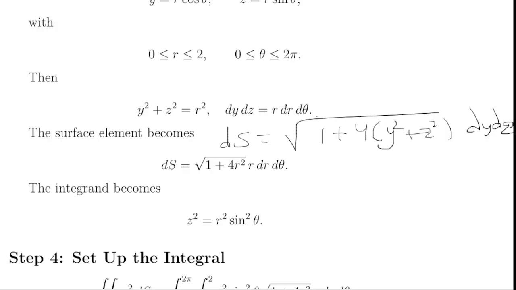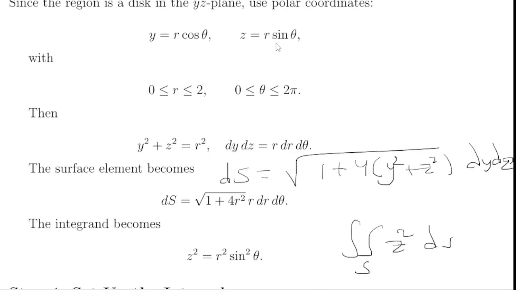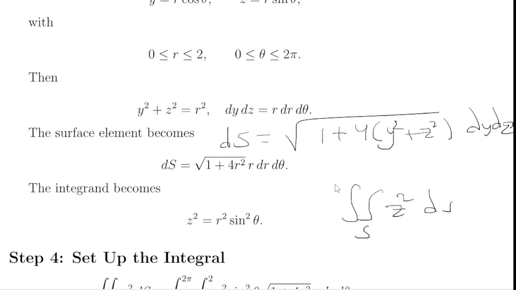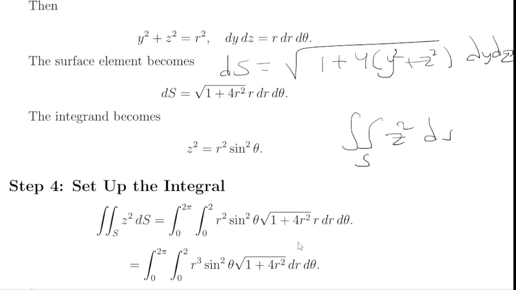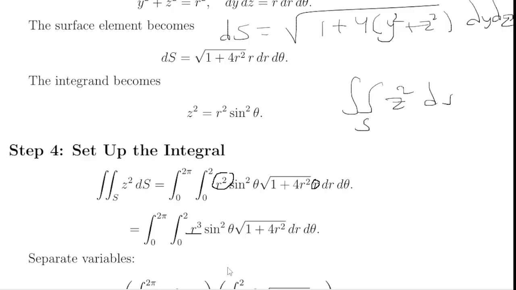Inside the integral, we had z squared ds. But recall that if z is r sine theta, z squared is r squared sine squared theta. So this is what the integral becomes. I can multiply this r squared with this r to make r cubed, and then we have sine squared theta times the square root of 1 plus 4r squared dr d theta.